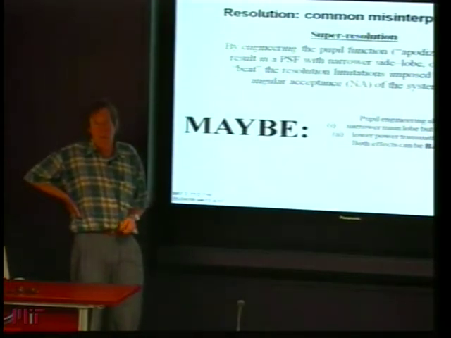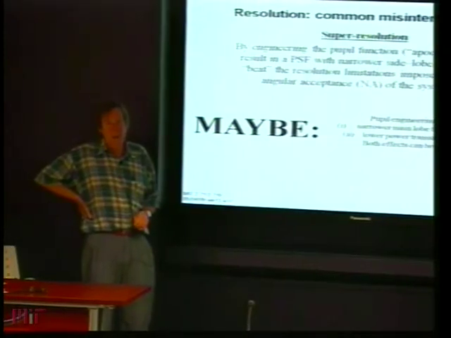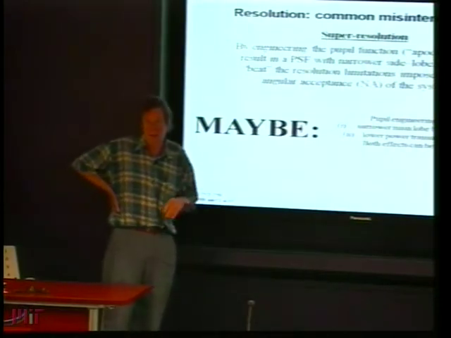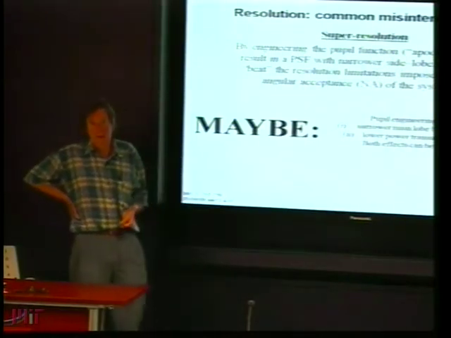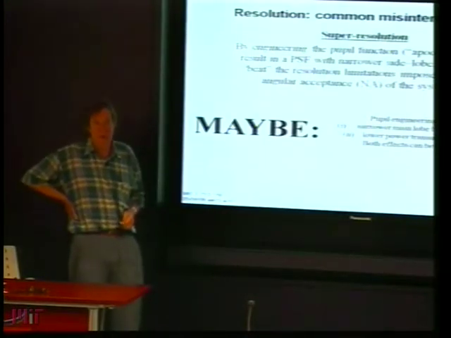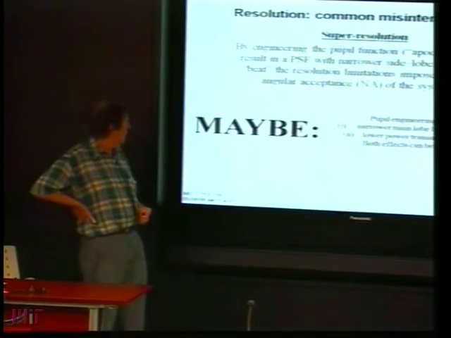But more recently, nowadays, some of these techniques are doing really well. And I think the most noticeable one probably is STED, stimulated emission depletion microscopy, where Stefan Hell is getting resolutions which are, I don't know, more than a factor of 10 better than you should, according to the Rayleigh diffraction limit.